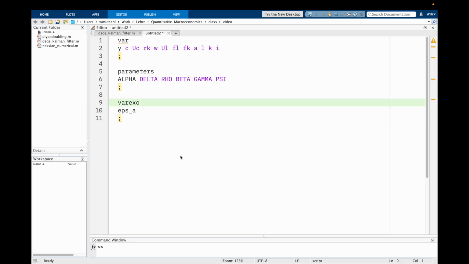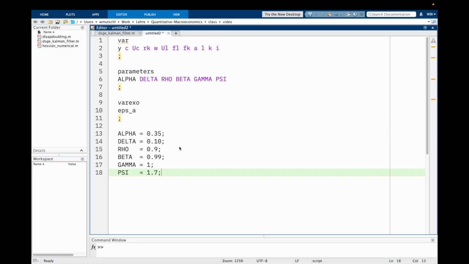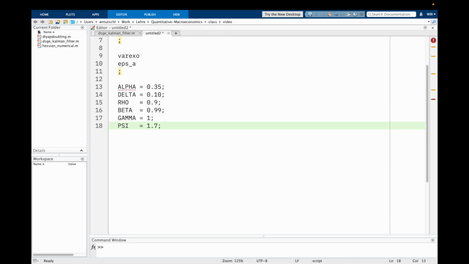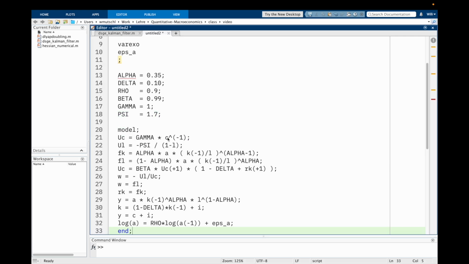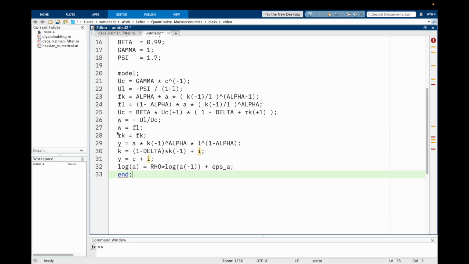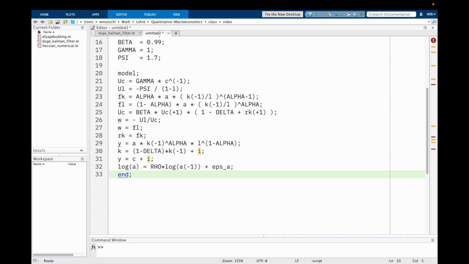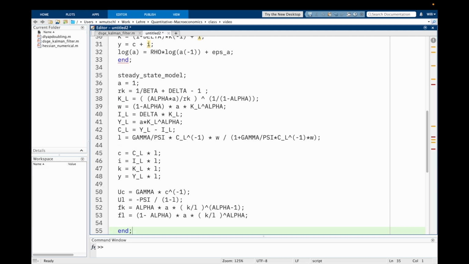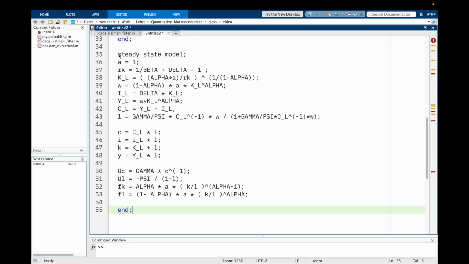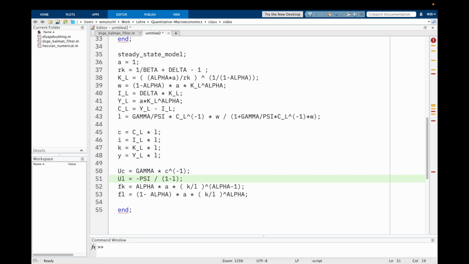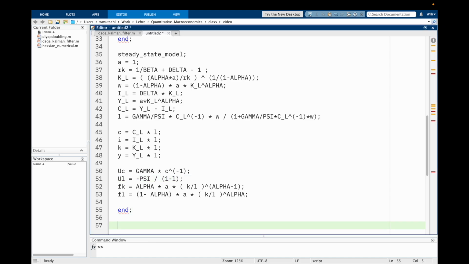Let's provide a calibration, some values for the parameters, then the equations for the RBC model that we've seen in class. Very good. Let's compute the steady state either analytically or with initial values. I'm going to do this analytically, so I'm going to provide a steady state model block. Let's compute the steady state. Bam.